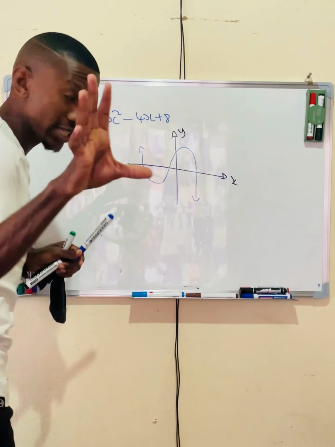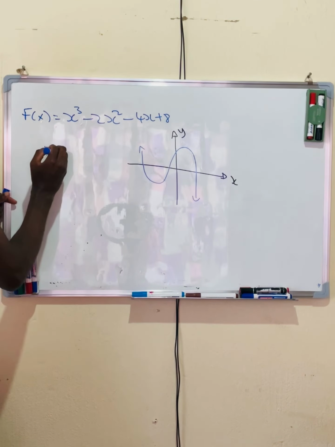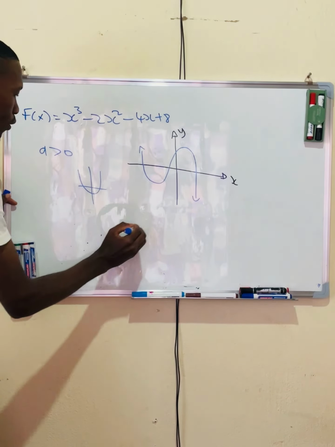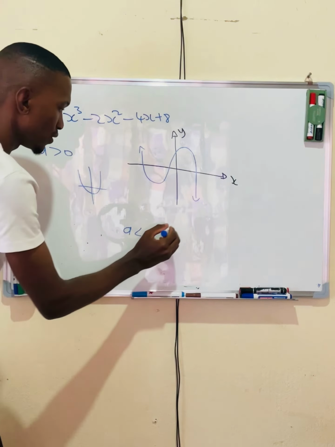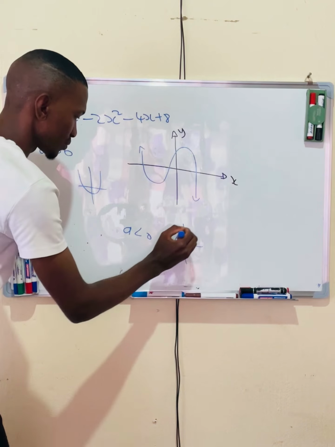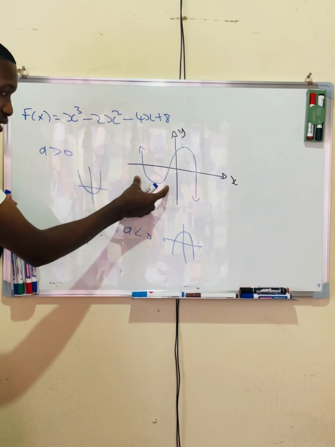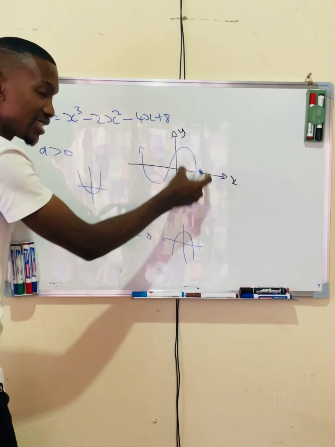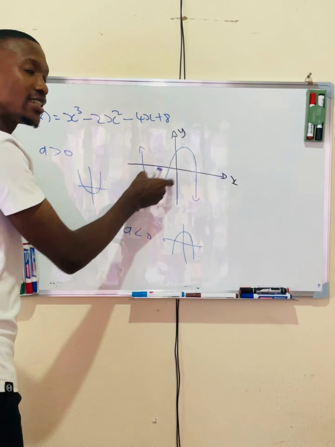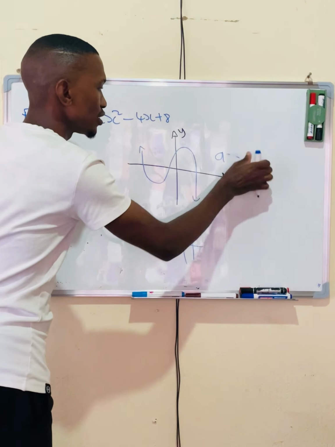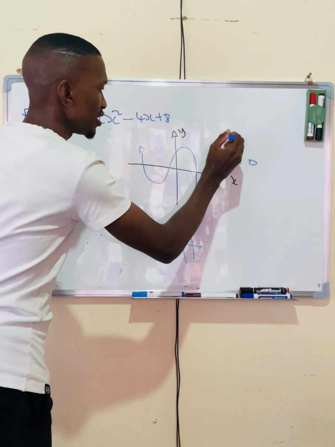Remember from quadratic, if the value of a is greater than 0, the graph will smile. If the value of a is less than 0, meaning it's negative, it becomes sad. It's increasing, then it decreases, so we call it an increasing, decreasing function. This was when a is less than 0, meaning that a is negative.